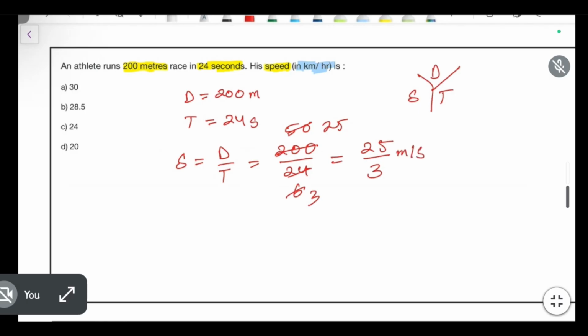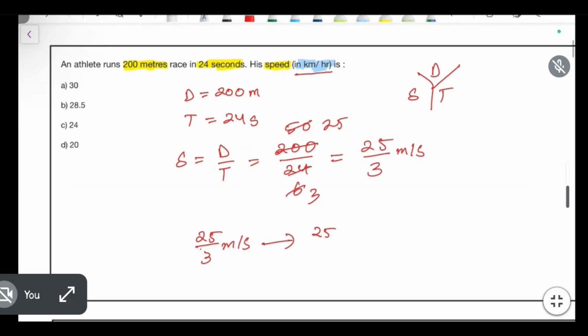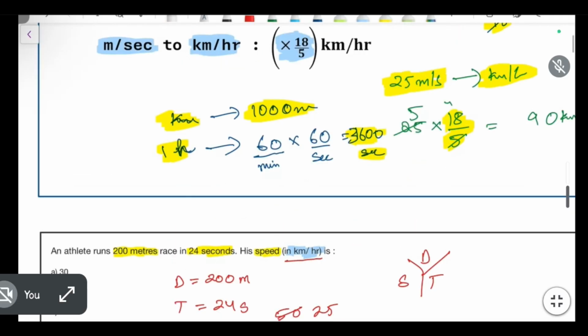But what is it? We need to get our answer in terms of kilometer per hour. So by the formula, we know that if I want to convert 25 by 3 meter per second to kilometer per hour, then what do we do? 25 divided by 3 into, you look here, the term that I've used here.